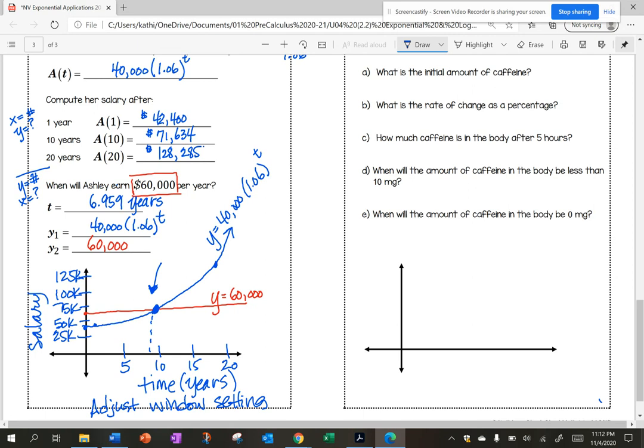So I'm going to write that in: second trace, intersect, enter, enter, enter.